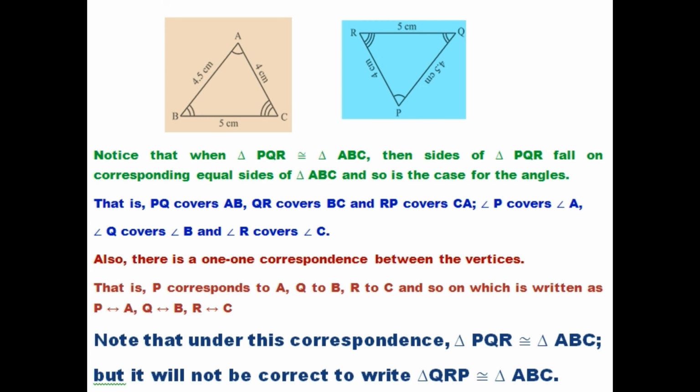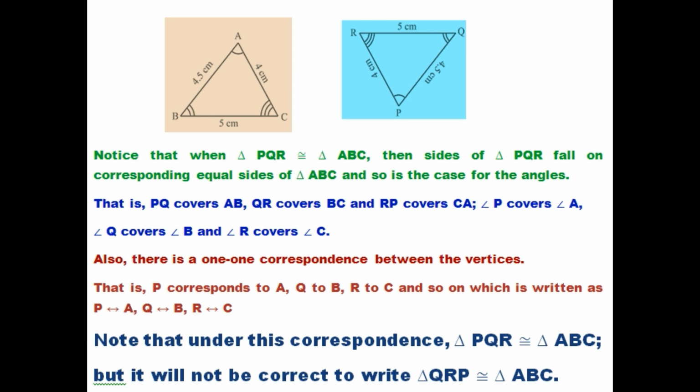Note that under this correspondence, we can write triangle PQR is congruent to triangle ABC. But it will not be correct to write triangle QRP is congruent to triangle ABC. Understand? So you have to write very carefully. You have to see the matching parts and then write. So it is only possible to write triangle PQR is congruent to triangle ABC.